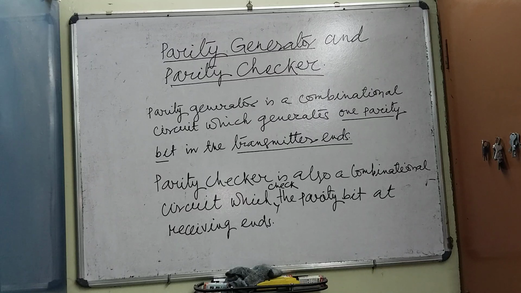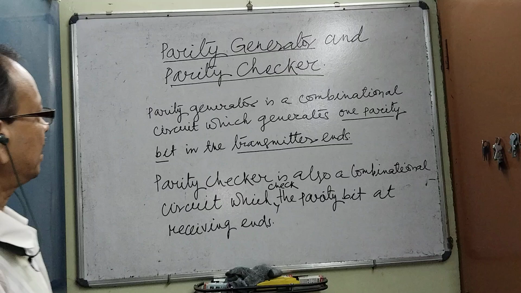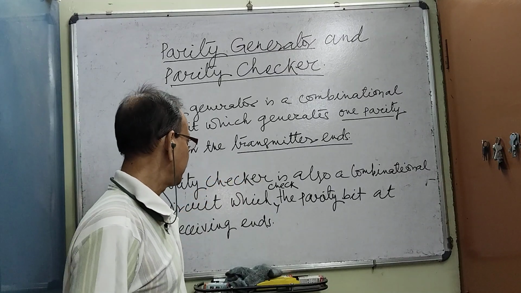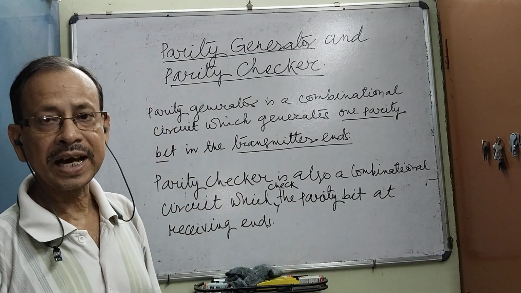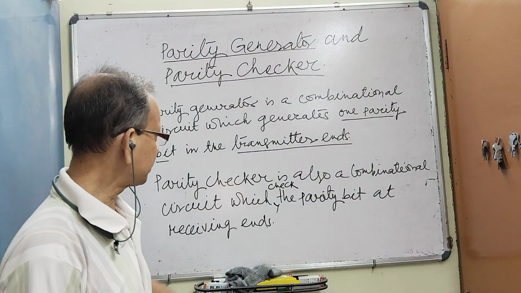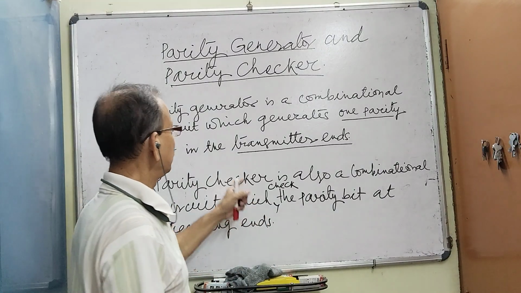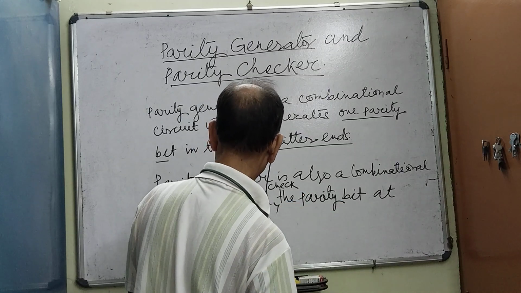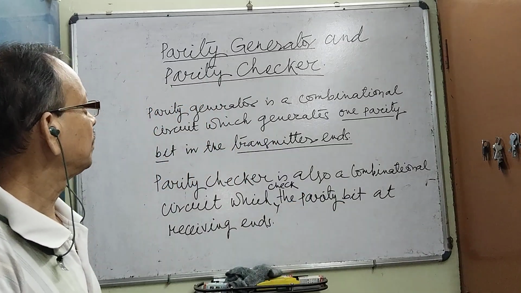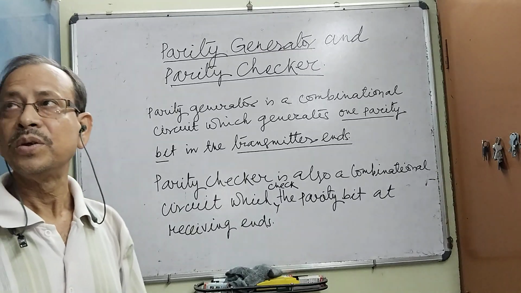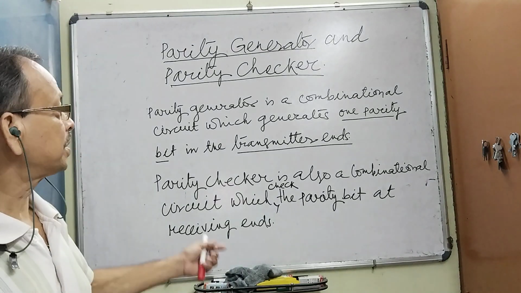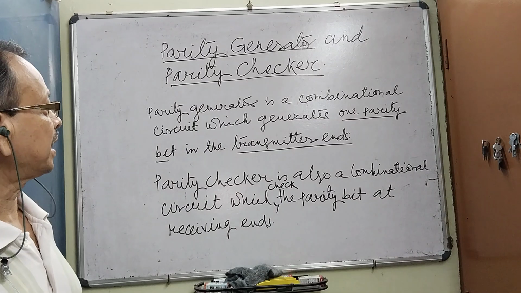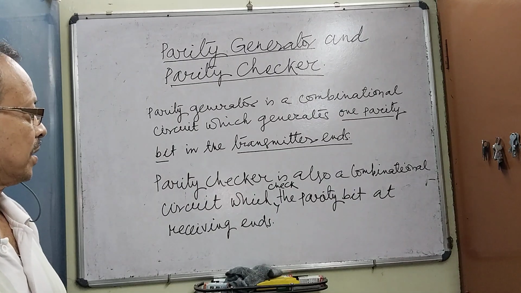So the parity generator generates one bit at the transmitter end, and the parity checker is a combinational circuit which checks the parity bits at the receiving end. Okay, so this is the parity generator and parity checker.